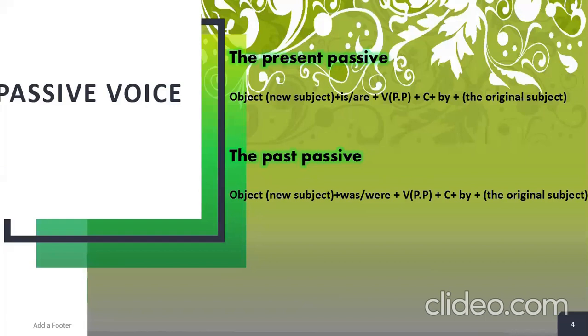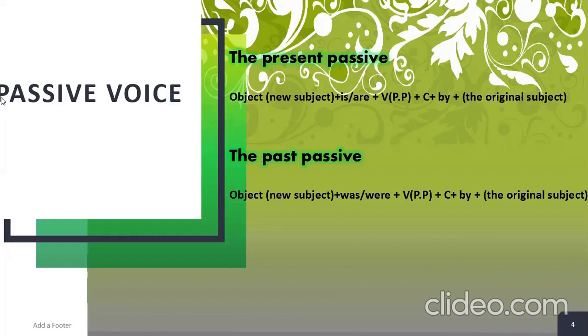After that, we take the original verb of the active sentence and we change it into the third form, which is the past participle form, right? And after that, if we have a complement, we put it after the verb. And if we want, we can use the preposition by, and after that, we put the original subject of the previous sentence.